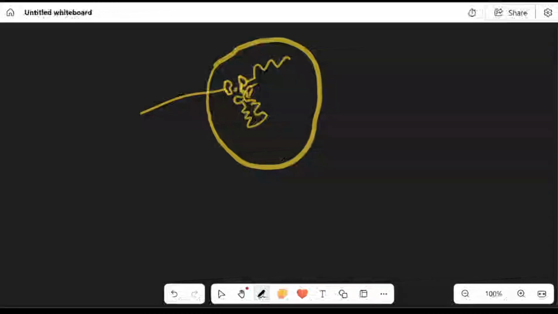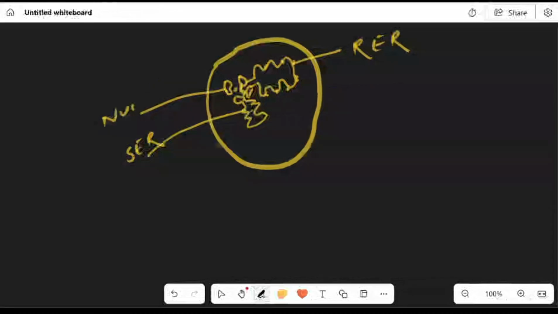Here also we have the endoplasmic reticulum, and here we find some granules, ribosomes, attached to it. So it is known as rough endoplasmic reticulum, and this one is known as SER, a smooth endoplasmic reticulum.